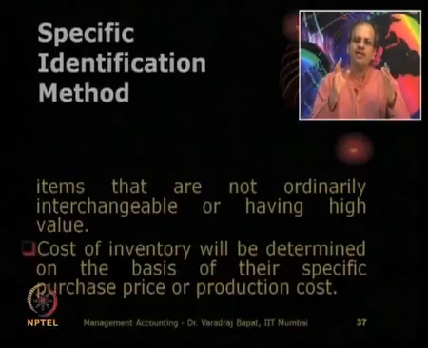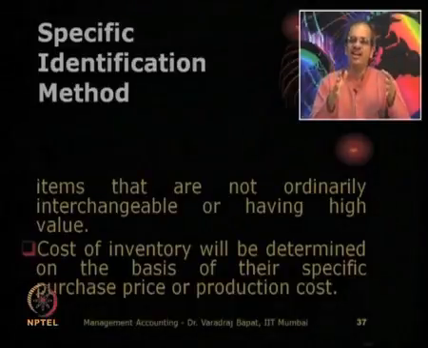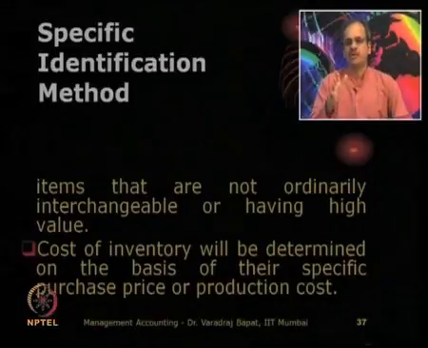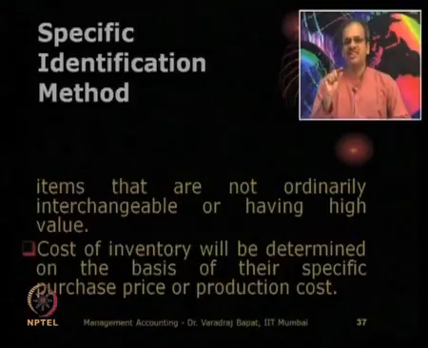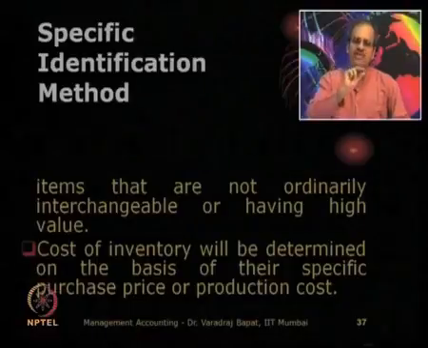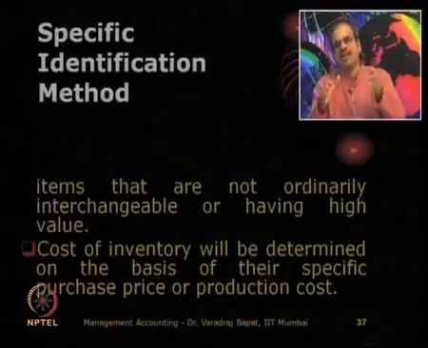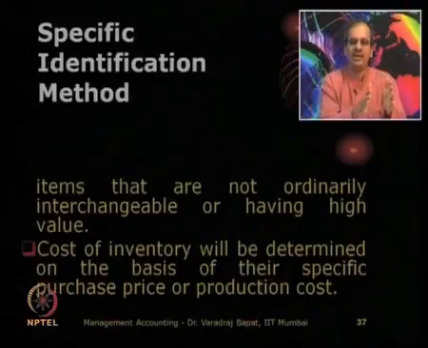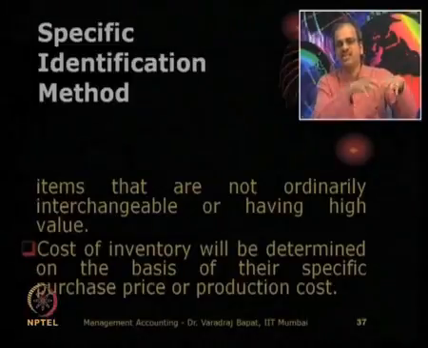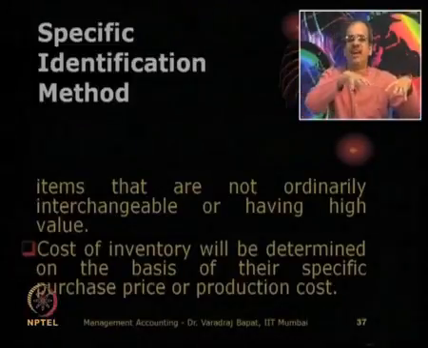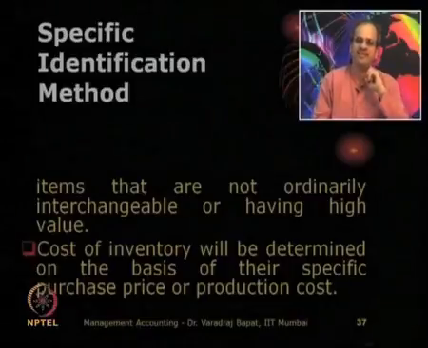Let us say you are a dealer in vehicles. Each vehicle has a registration number, and there is also a chassis number. So you specifically know a vehicle, it is a costly item also. Each vehicle can be specifically identified, so you can use the specific identification method.